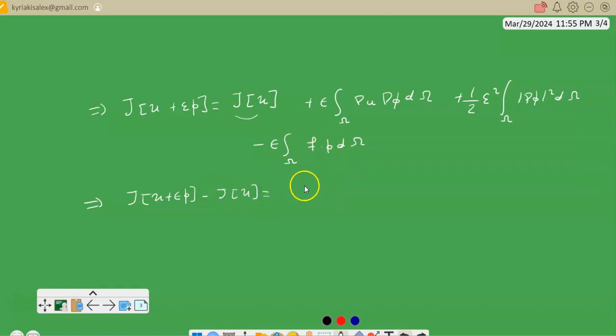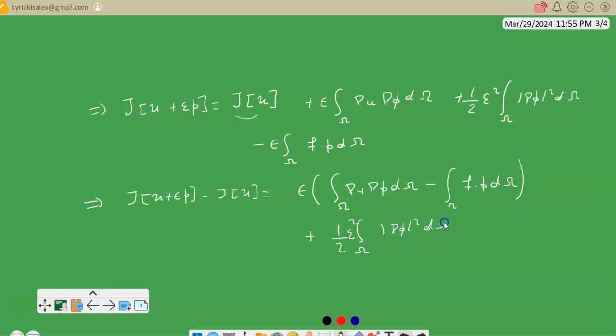And at the right-hand side, I have this epsilon. I can take epsilon to be the common factor. Plus 1 divided by 2 epsilon squared integral over omega grad phi squared d omega.